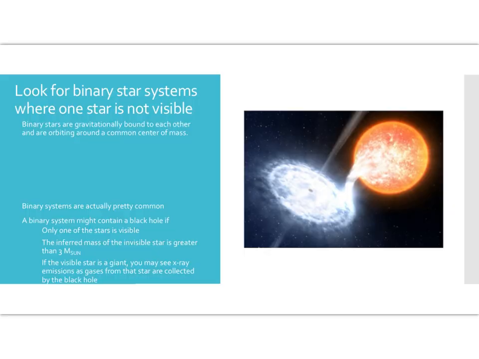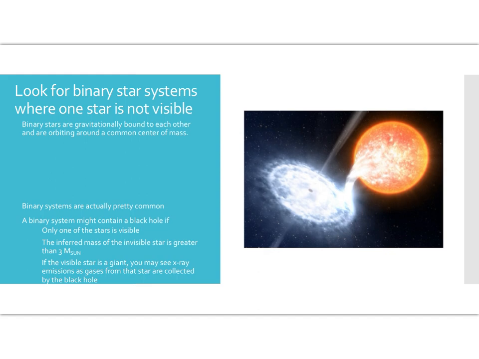Astronomers have figured out the best place to look for these black holes is at binary star systems. I mentioned in class before that because stars form in clusters, it's actually pretty common to have two stars in a binary star system.